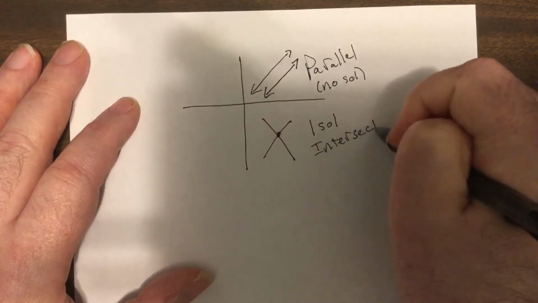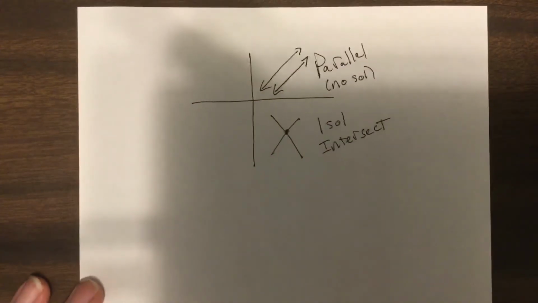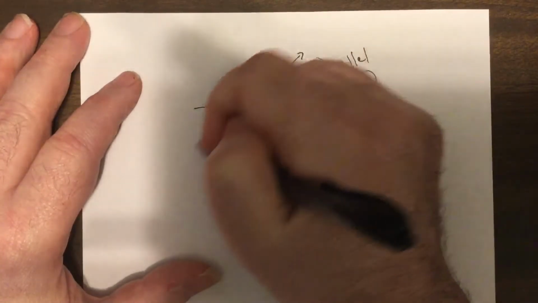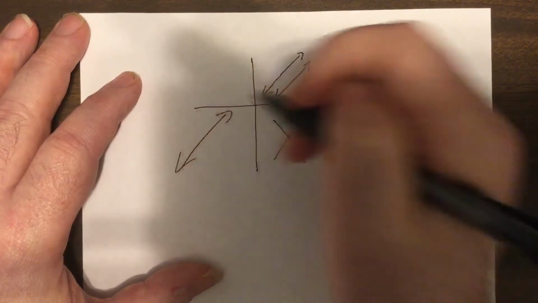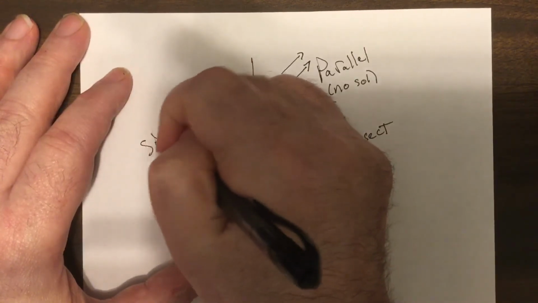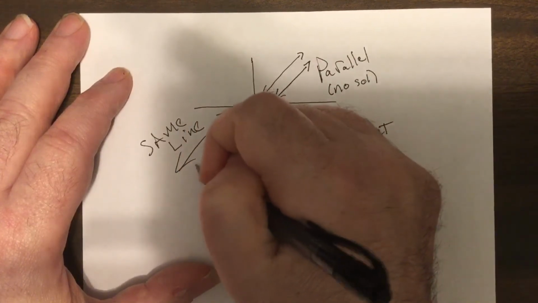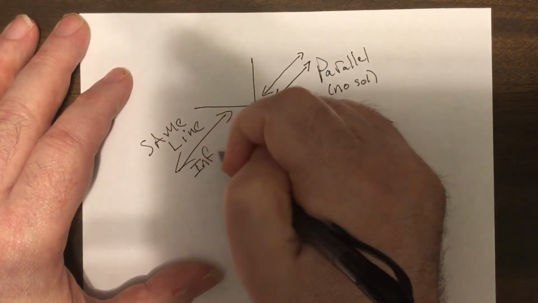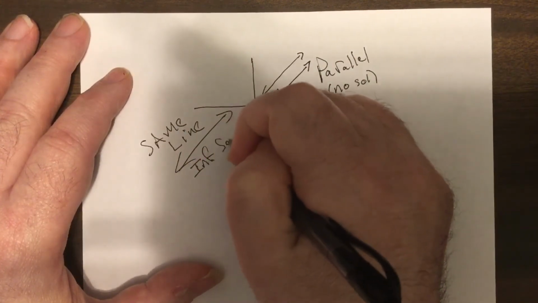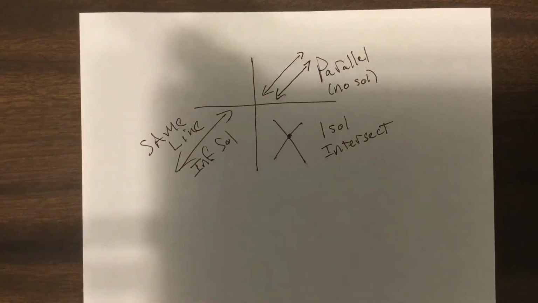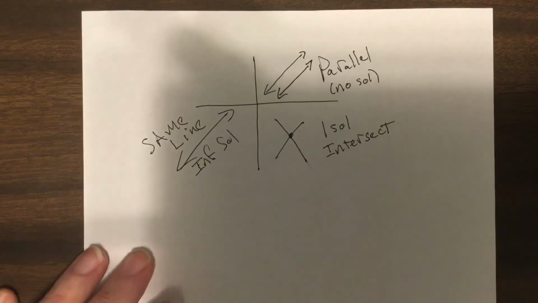And the third choice is you could have two equations that look different, but are actually the same line. And if it's the same line, it means it's an infinite number of solutions. So that's your three choices. Either we have parallel, no solutions in common, one solution in common, which is an intersection, or the same line.